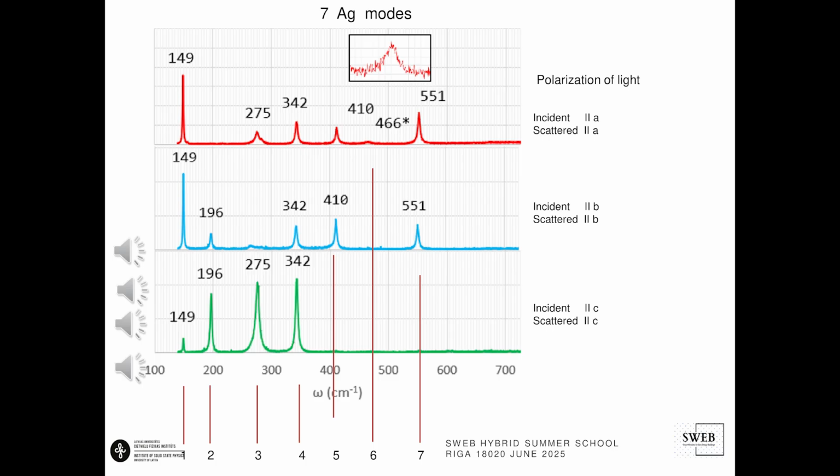We obtain Ag symmetry vibration spectra if the polarization of the laser beam and Raman scattering are parallel and coincide with one of the crystallographic axes of the crystal.